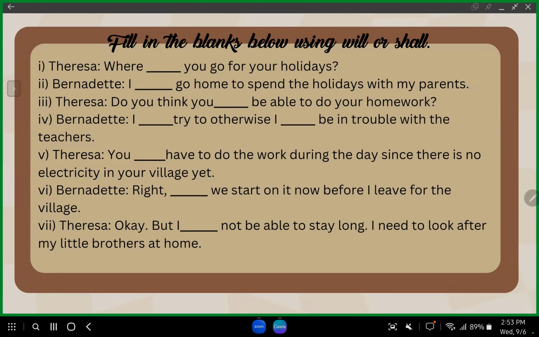Alaf in the chat says the first dash is "will". She says that you will have to do. I will try to.